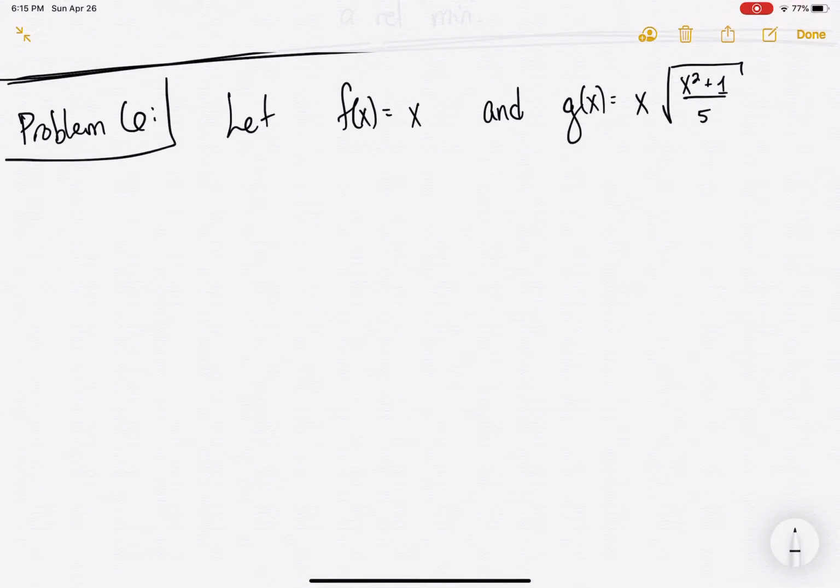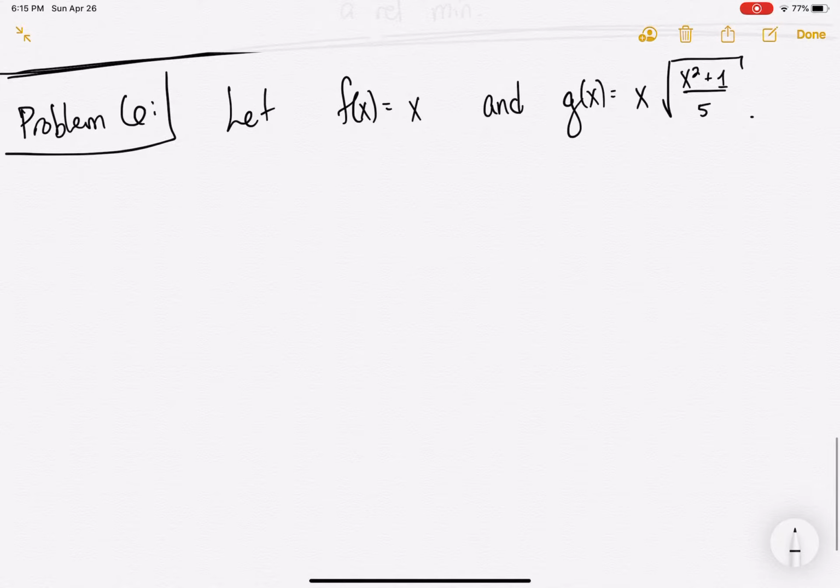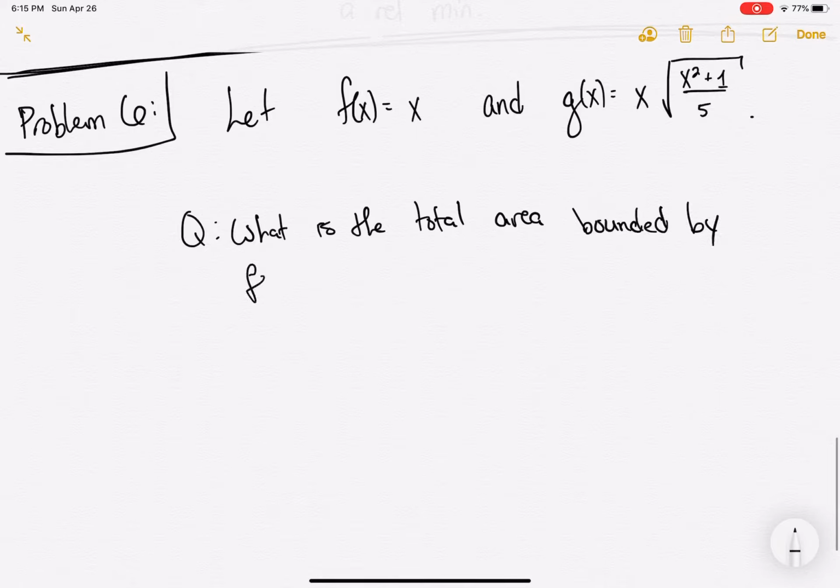So that looks a little bit ugly, but we're going to see it's not the end of the world for sure. The question: what is the total area bounded by f of x and g of x?